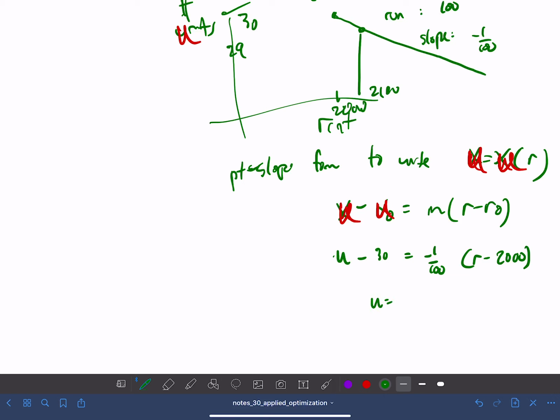U equals minus 1 over 100 times r, minus plus, because I've got double minus signs, so plus 20.